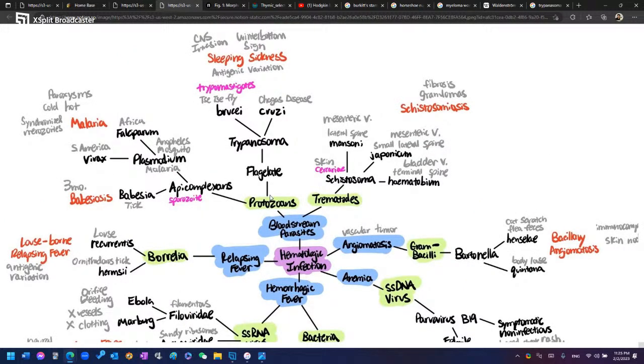Okay. So when you think protozoans, think Trypanosoma, think Plasmodium, think Babesia. Okay. Trematodes. Trematodes are flukes. So we think about Schistosoma. The flukes lay eggs, and the eggs are going to get stuck in places.